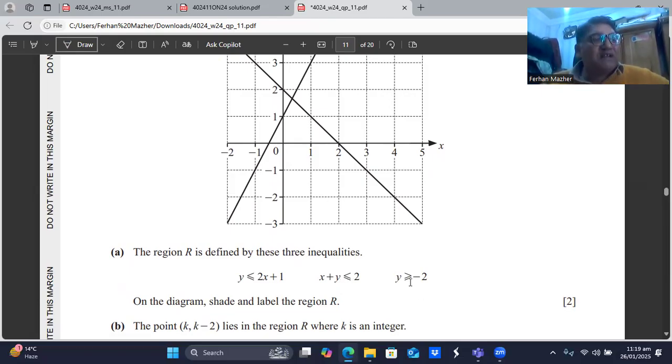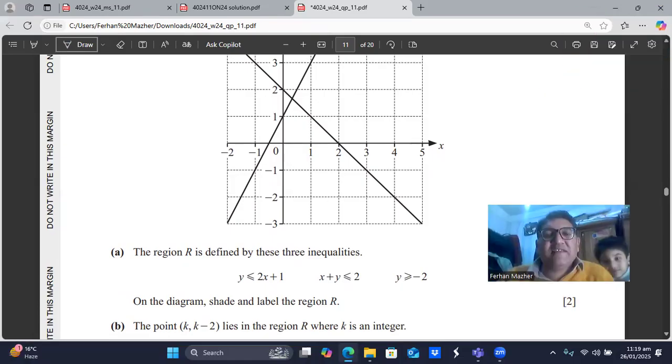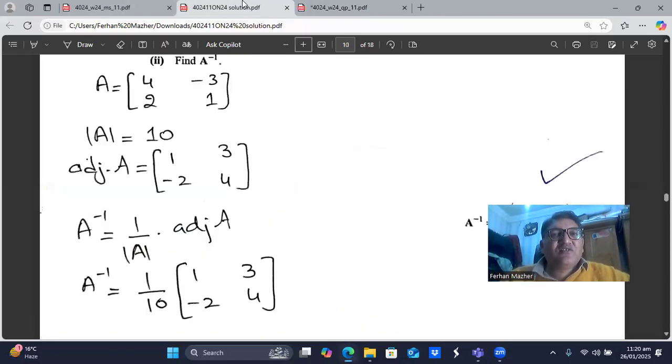And here we have another equation, in which y is greater than -2. So you have to draw the line y equals -2, and you have to remain above this line because the crocodile's mouth is towards the positive y. So let me show you.